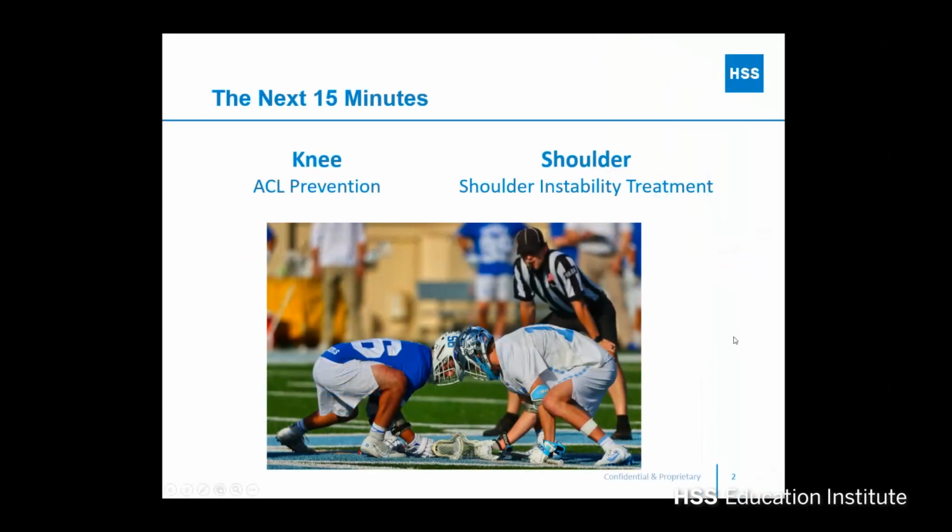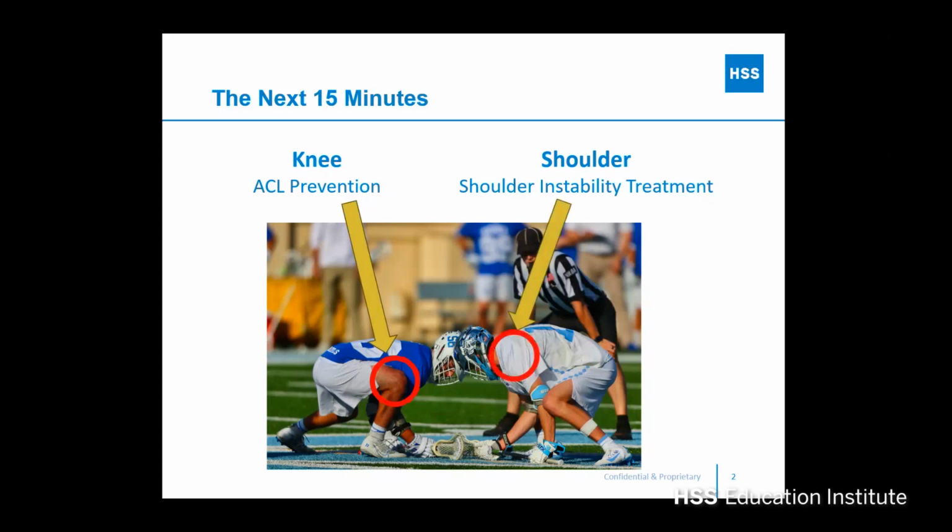For the next 10 minutes or so, I'm going to focus on injuries of the knee and shoulder. Rather than bombard you with a ton of conditions, obviously there's a lot of different injuries that can happen in both the knee and the shoulder, I really want to focus on two particular injuries so we can delve into greater depth. For the knee, we'll talk about ACL prevention, what an ACL injury is and how to prevent it, both on an individual and on a league level.